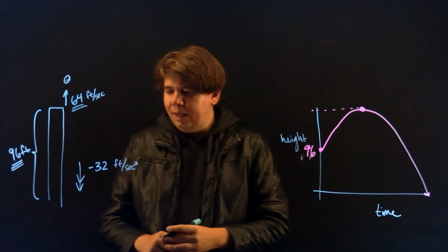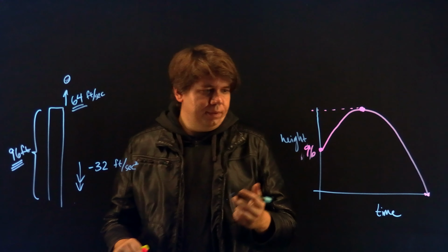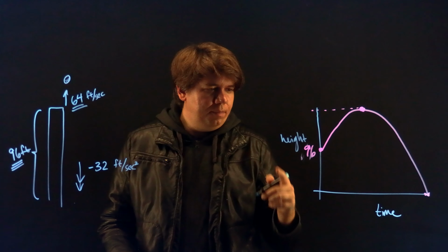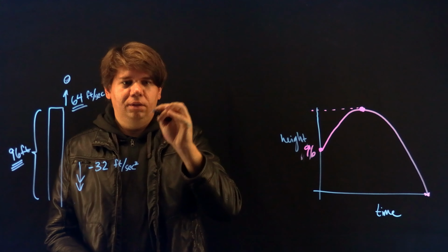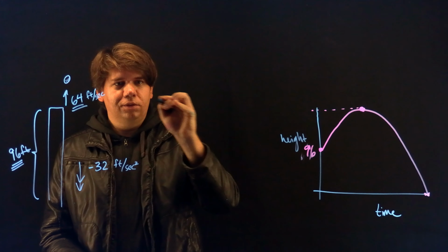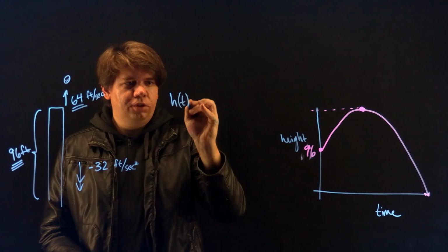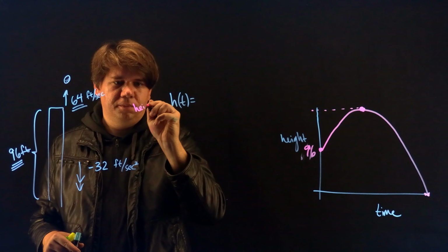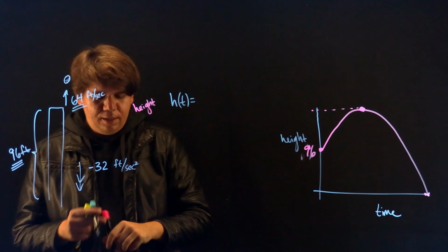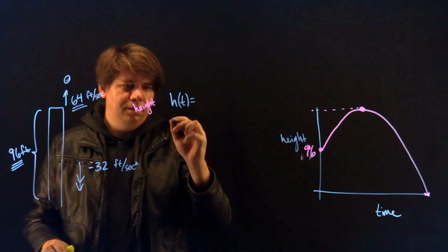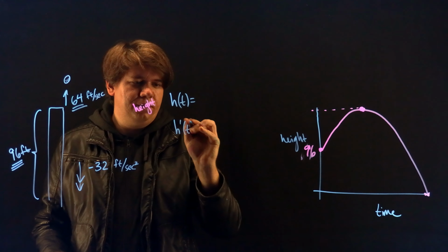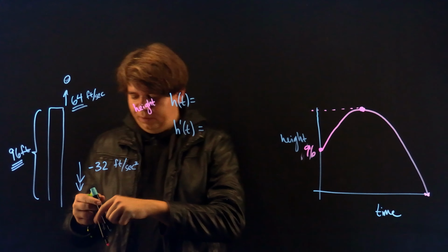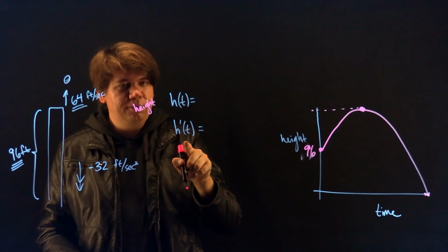Okay, to see that, I'm going to use the antiderivative. So I'm going to begin by saying, let's call h of t my height function. So I'm going to let h of t just represent my height. Then the derivative of height, h prime of t, we know is velocity, because the derivative is your rate of change.